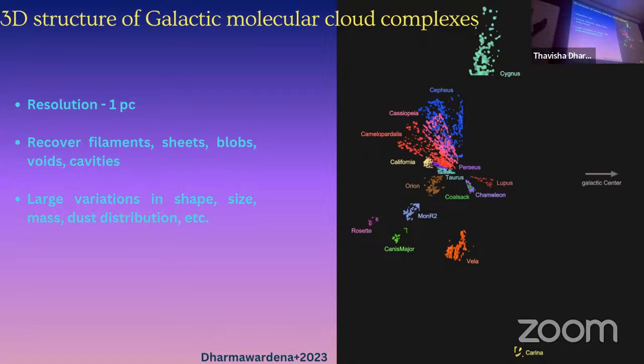And what we see when we made all the 3D structures for these clouds is that they've got a vast range of structures. We've got everything from filaments to blobs to voids and cavities. And we can see these features forming in this 3-dimensional space, which you normally couldn't see when you're looking at it in 2 dimensions.